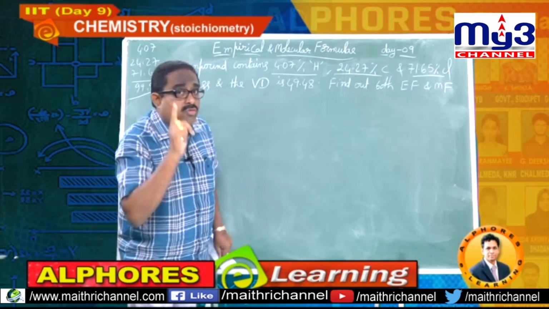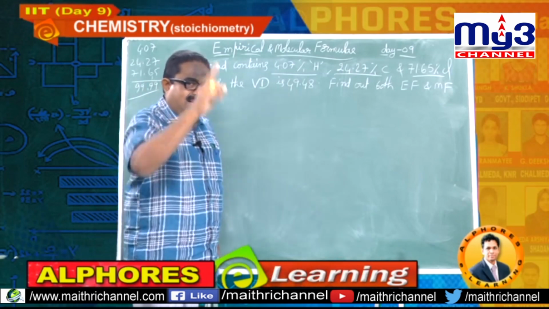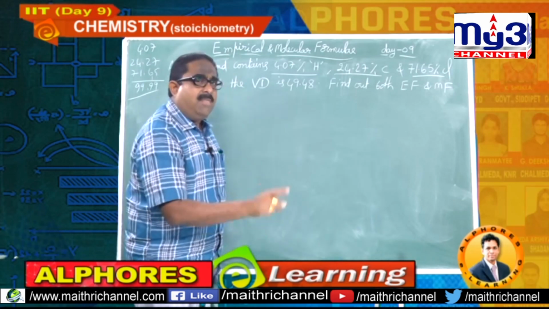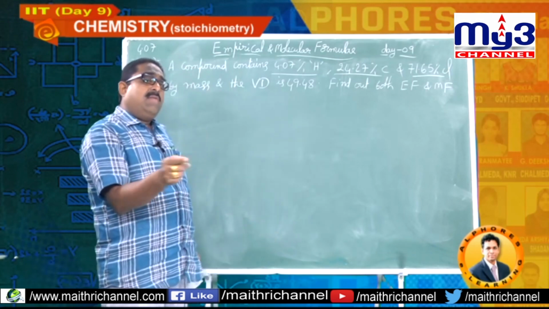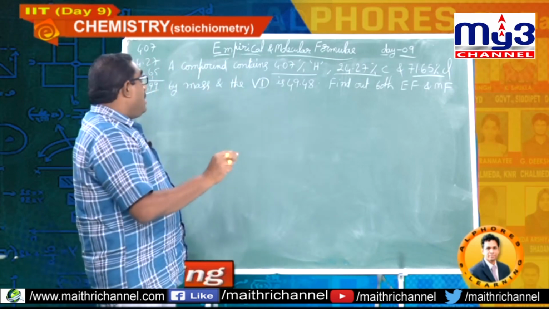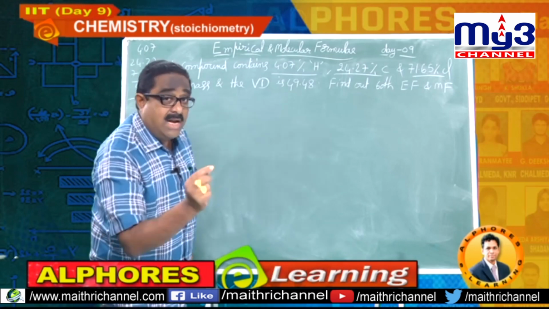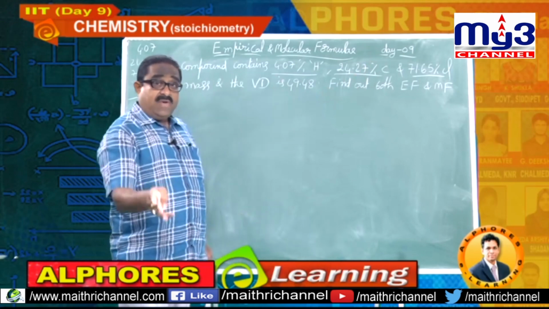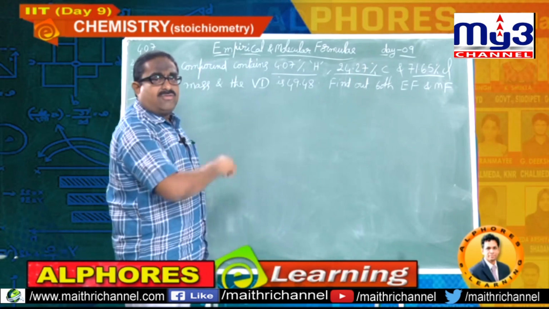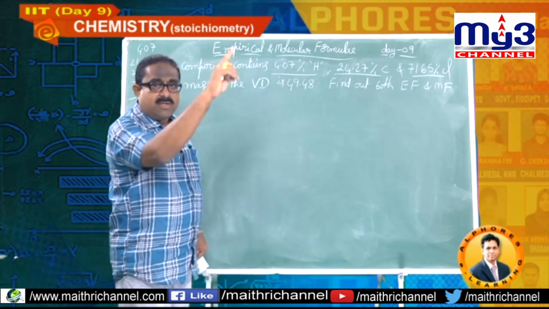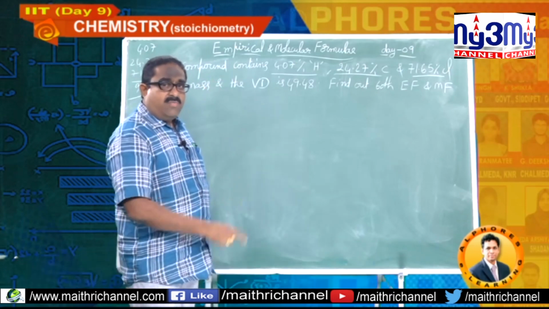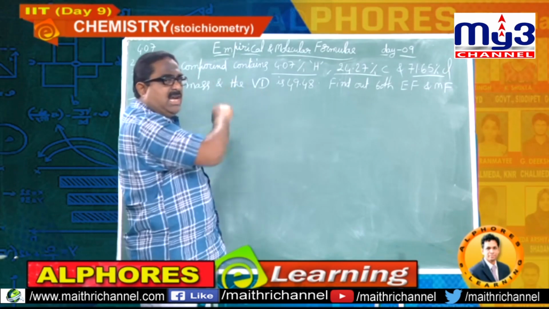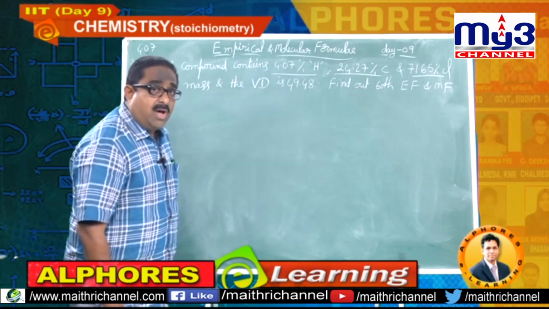The remaining 20 you should consider as oxygen by default. If any other element is there, he will definitely mention it, like a compound containing nitrogen has this much, this much, this much. Then the remaining you can write for nitrogen. If nothing is mentioned, by default you should consider it as oxygen mass percent only. Please do not forget this before starting the systematic procedure to evaluate empirical formulas.